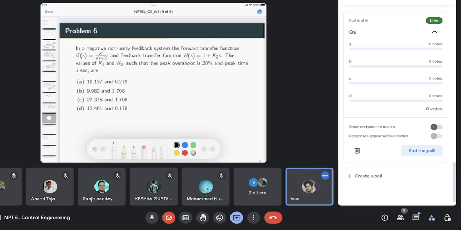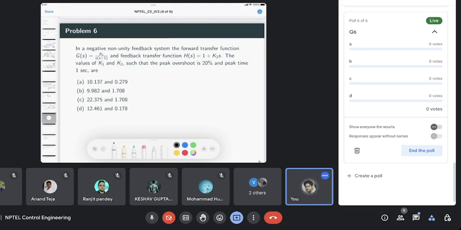So you solve them and you will get the K1 and K2 values. Is the question clear?